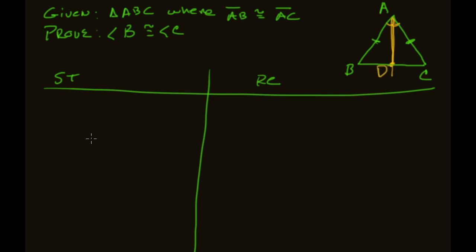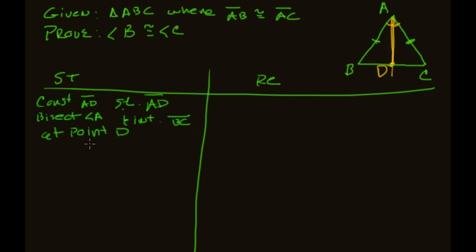So we're going to construct segment AD such that segment AD bisects angle A and intersects segment BC at point D.